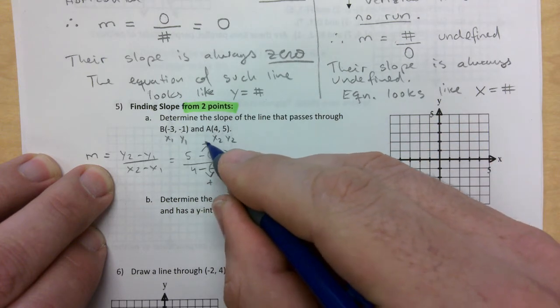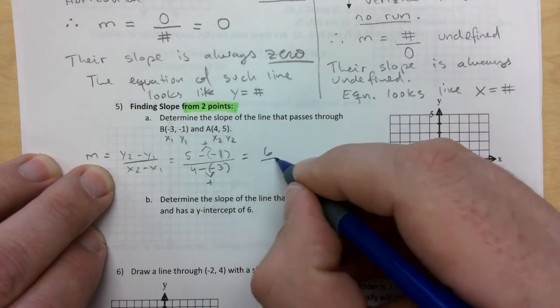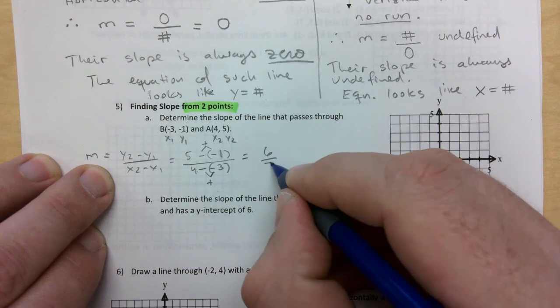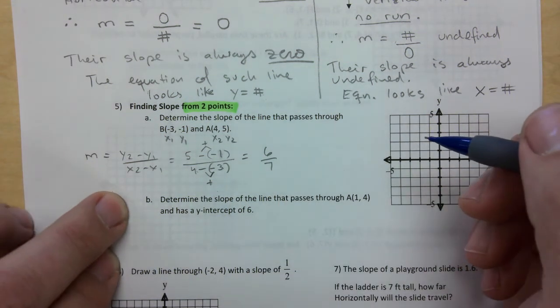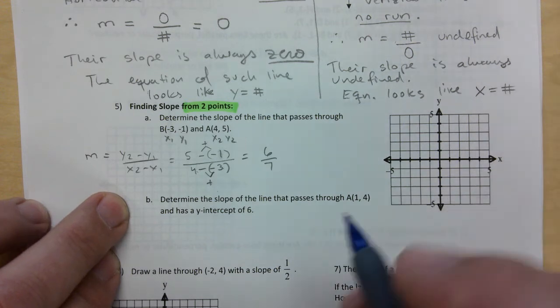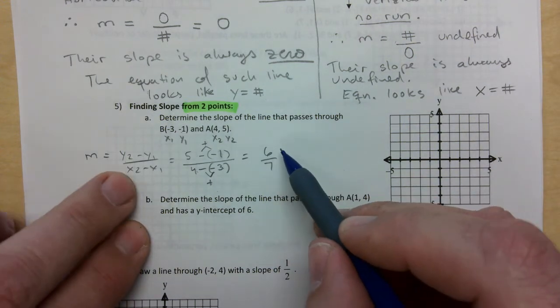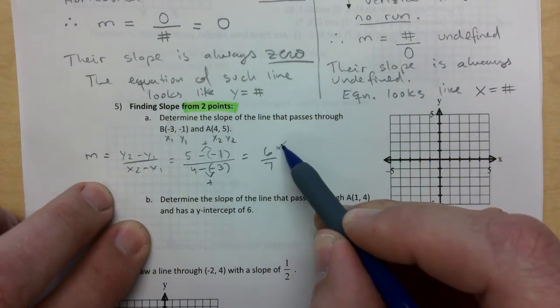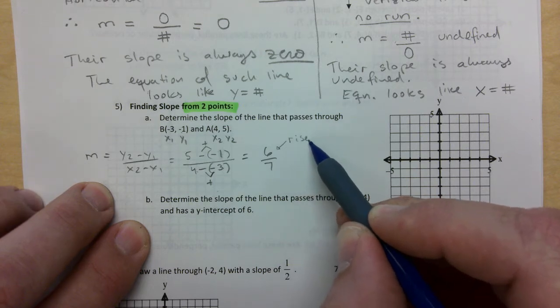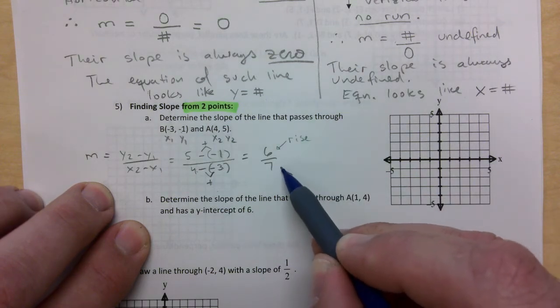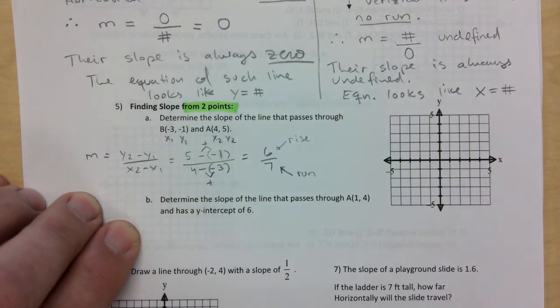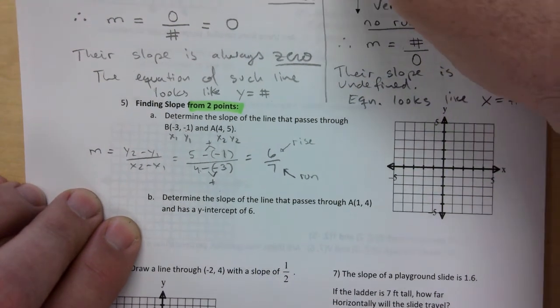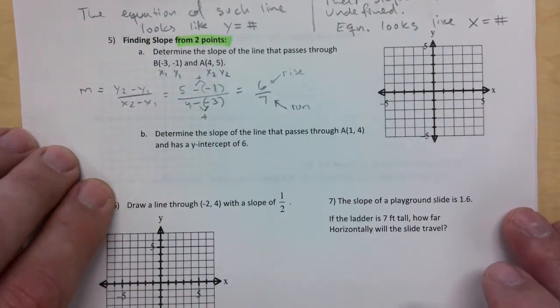And so this is 5 plus 1, which is 6, and 4 plus 3, which is 7. So we have 6 over 7 as our slope. And remember, this would be the rise for every 7 units of run. You want to try to simplify it if possible. In this case we can't.